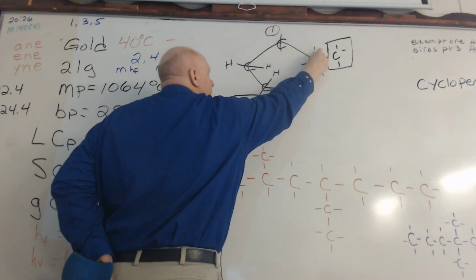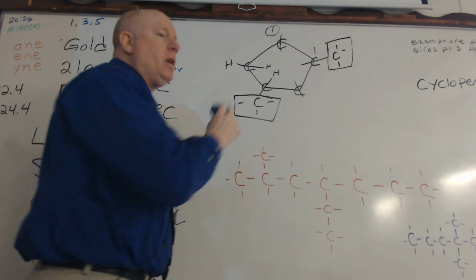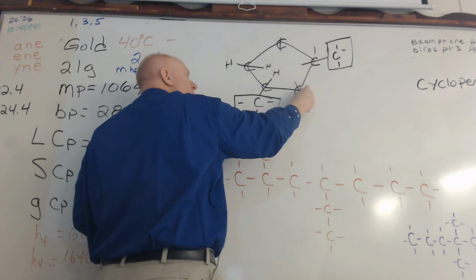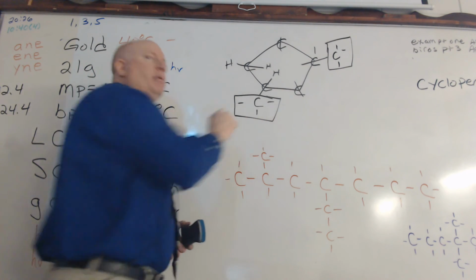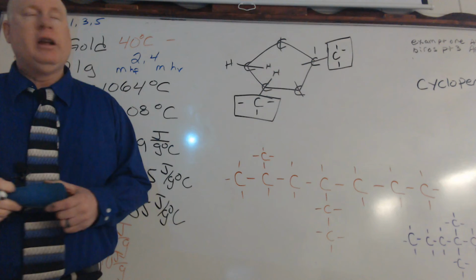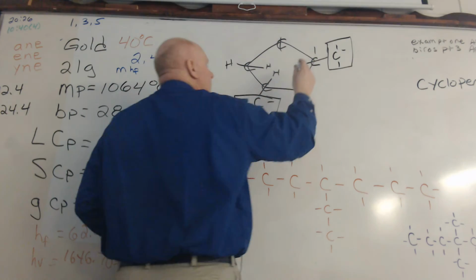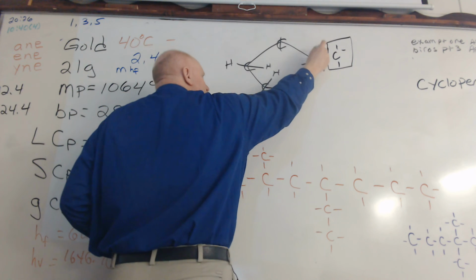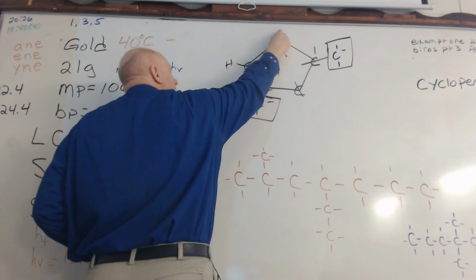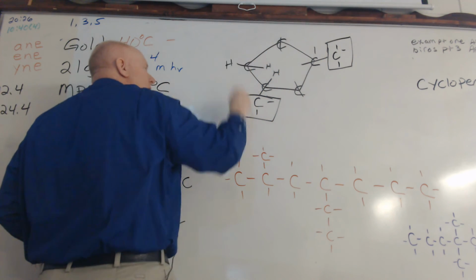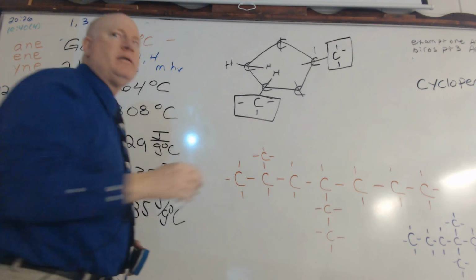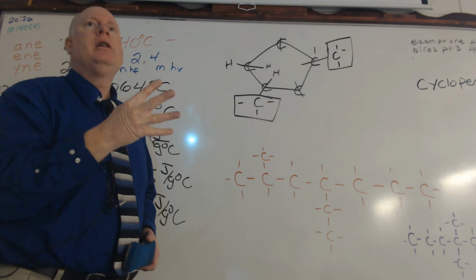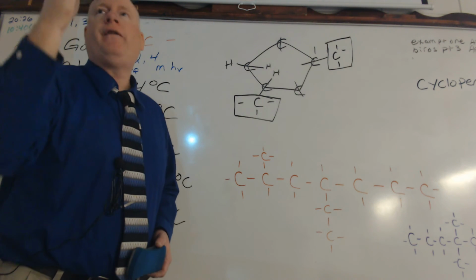So this one is carbon number 1, and therefore this one's carbon number 2, this one's carbon number what? 3. Now, the reason we got to go in a specific order is if we go the other direction, we say this one's carbon number 1, carbon number 2, carbon number 3, then this would be carbon number what? 4, correct? Okay. Do we follow this?